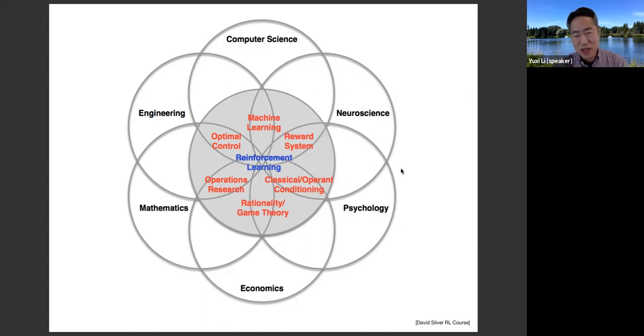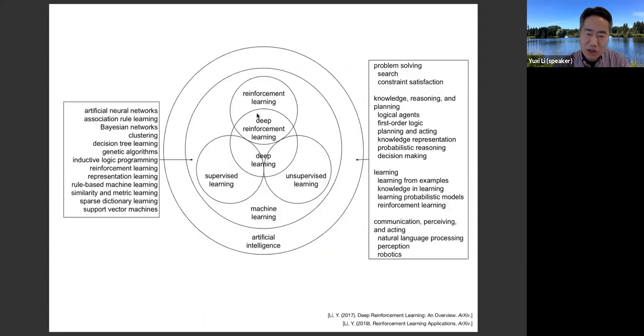It can be applied to many problems in those fields, and at the same time, it can help improve understanding in those fields. For example, in neuroscience, people have already found that some mechanisms are basically like TD learning, an algorithm in reinforcement learning. So that's fantastic.